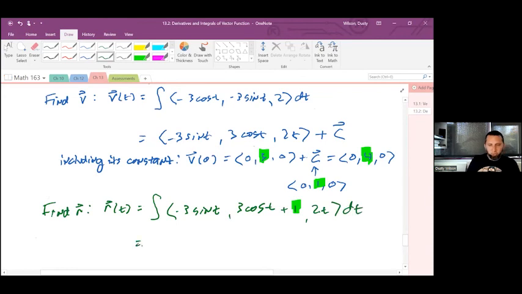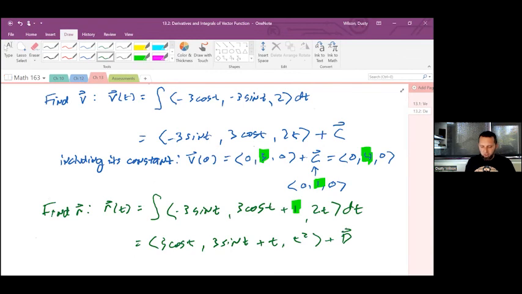The antiderivative of negative sine will be positive cosine. So I have 3 cosine t, 3 sine t plus t. The antiderivative of 1 is t, and t squared, plus a constant. Maybe we won't call it c again. Maybe this time I'll call it d, since we already used our c up. So we found our position function, but it still has this constant hanging around. And so we've got to find that constant of integration d.